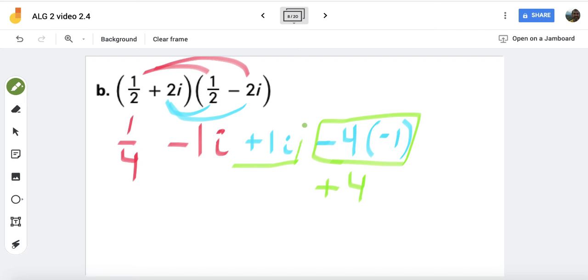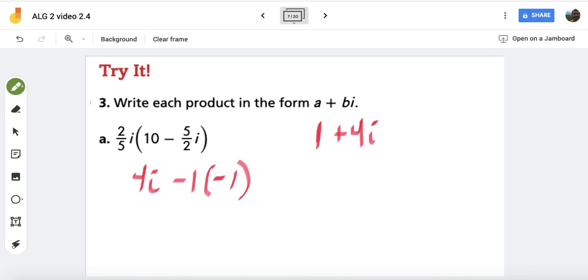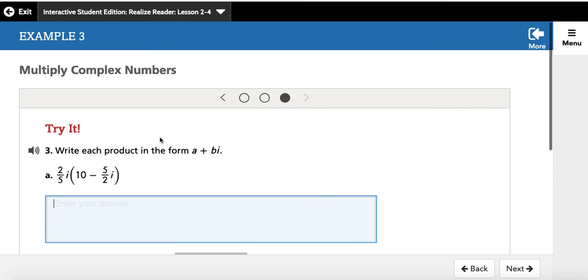And it doesn't always happen, but here it happened again to us that the two i values canceled. Negative 1 plus 1 is 0, so that wipes it out. And then I have 1/4 plus 4, so I think the answer is 4.5. Let's see, what was my other answer? 1 plus 4i.